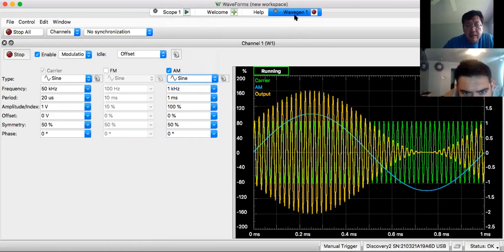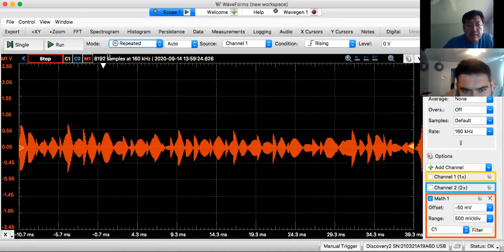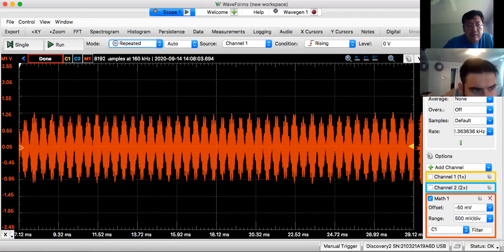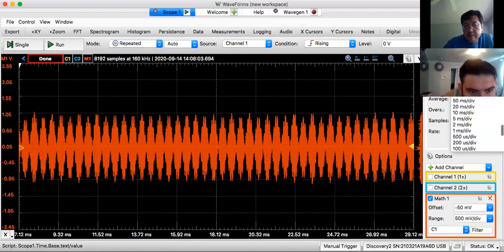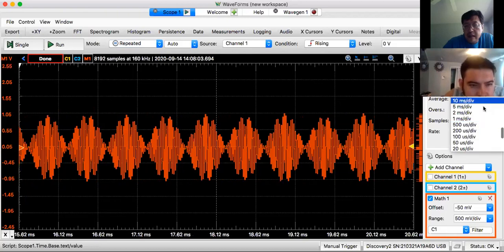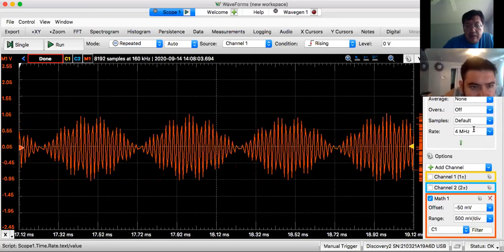So let's look at what AM looks like. So this is what AM looks like. Let's get a little bit closer. So that's what AM looks like.